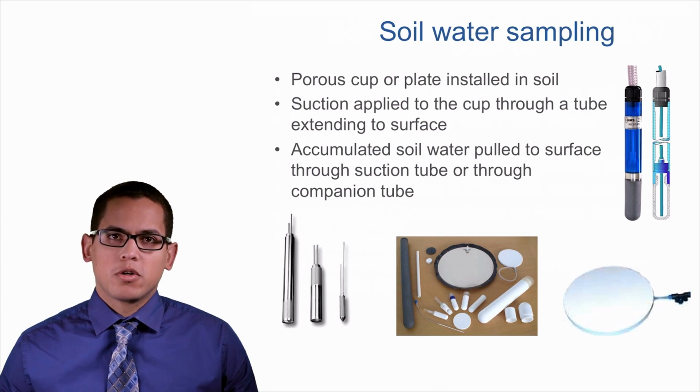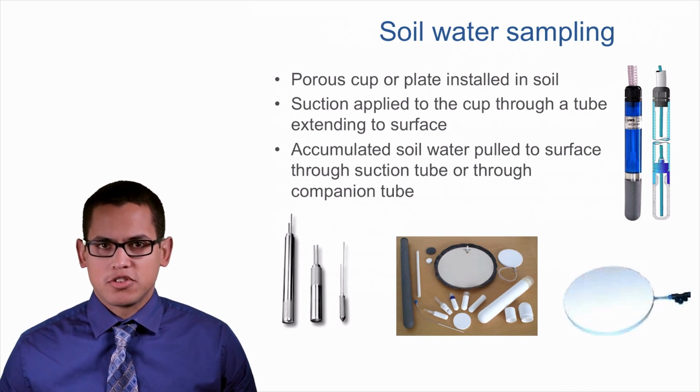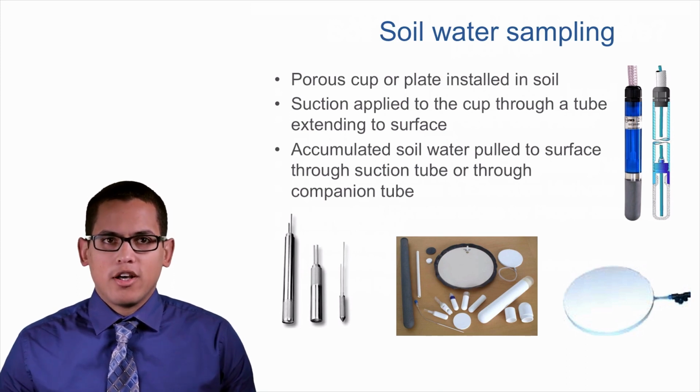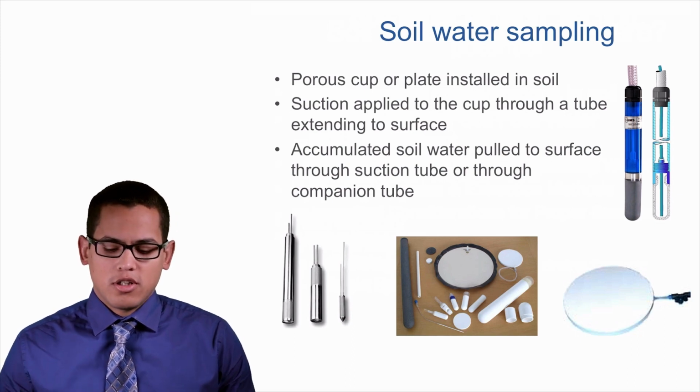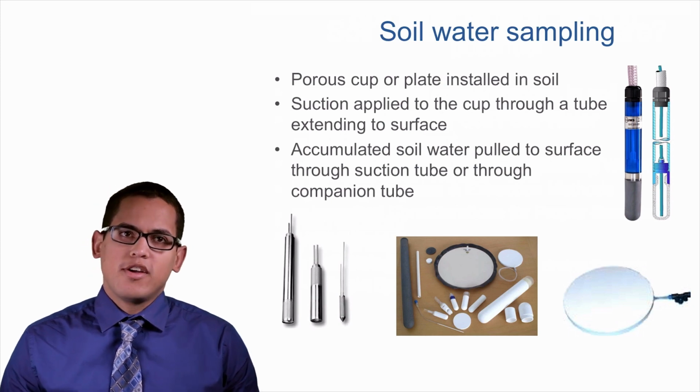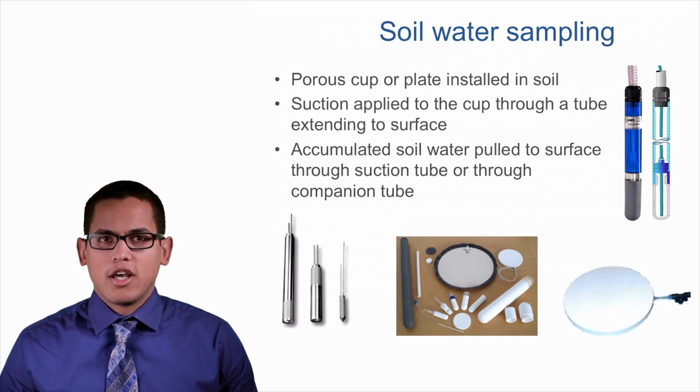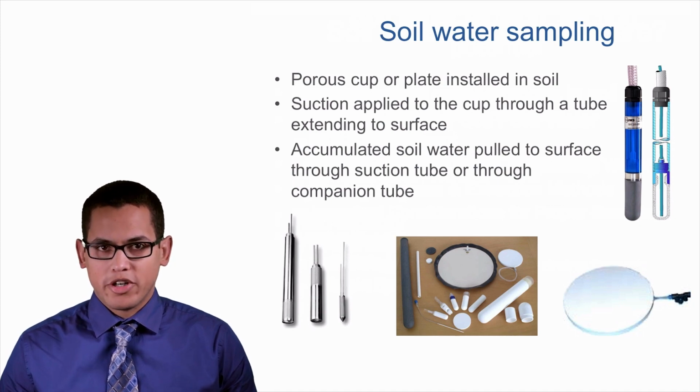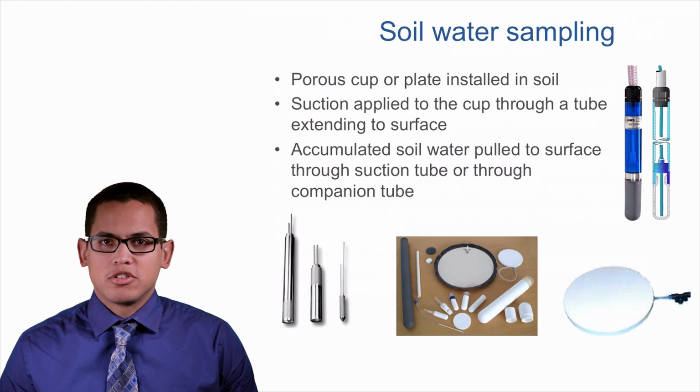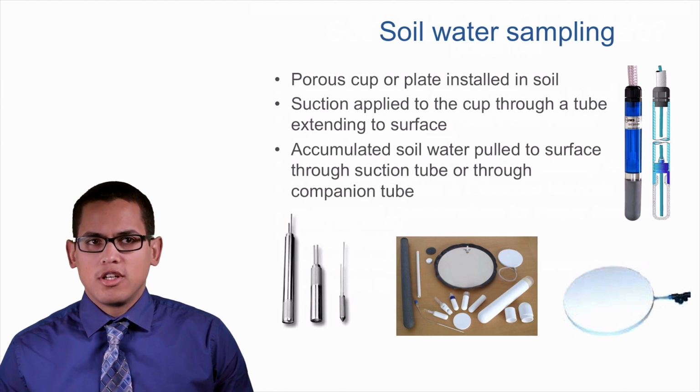So when we're looking at various approaches for soil water sampling, there are a few different tools available, especially when using controlled suction or discontinuous suction. There are porous cups and plates available that you can use for sampling soil pore water. There are some example pictures here of different pore water samplers and some different suction plates that can be used for sampling in situ.